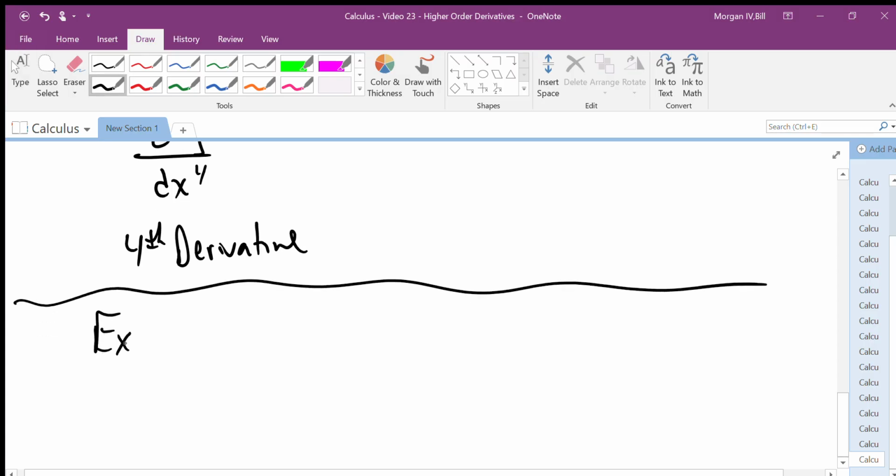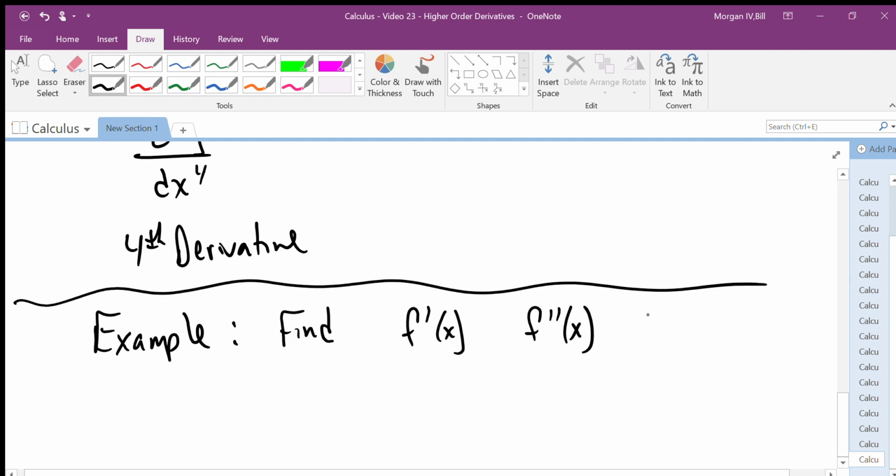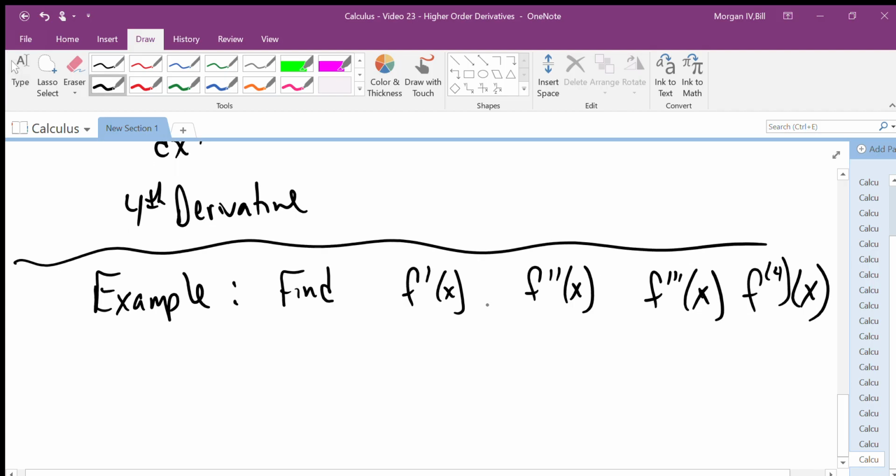Example. Let's find f prime of x, f double prime of x, f triple prime of x, and the fourth derivative of x for these functions.